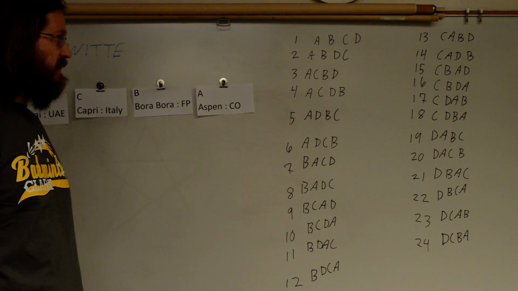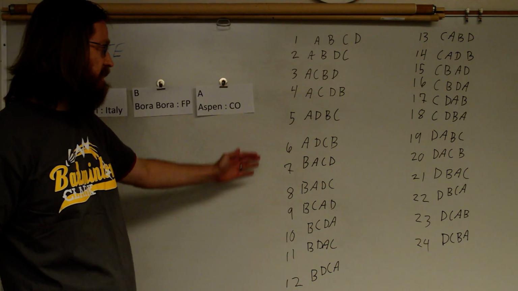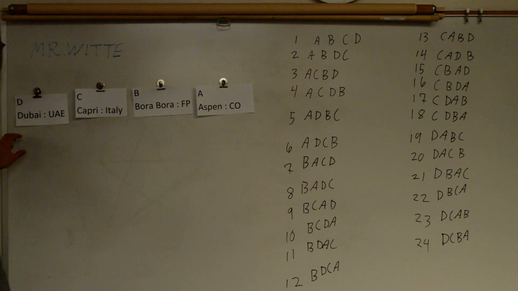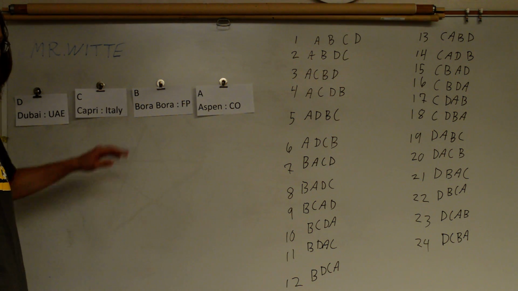If you're only worried about the permutations, you're done. You have all 24 permutations for arranging 4 objects.